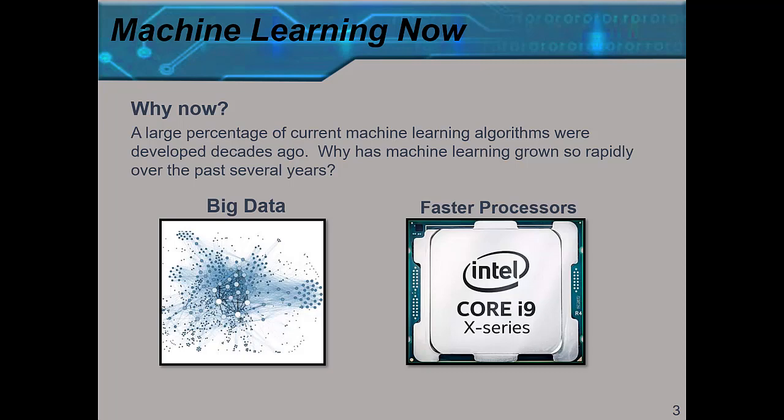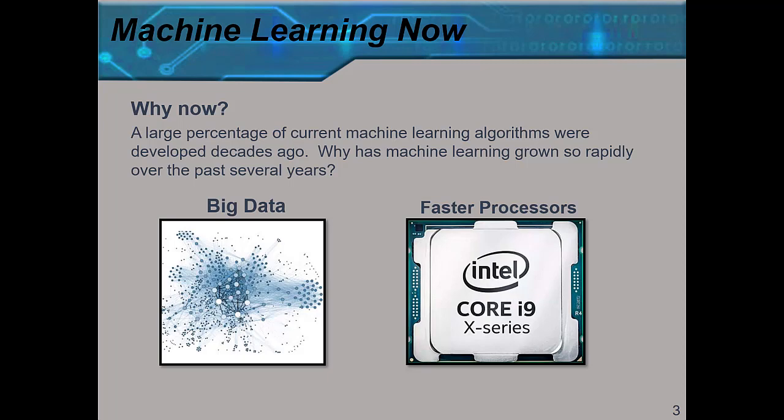And along with that data, you can't process that much data, and some of these algorithms are extremely computationally intensive. You can't do that without faster processors. Once we started seeing the processors get to multiple cores, a handful of years ago, probably more like 10 years ago, things started progressing to where they could run some of the algorithms, and as time has moved on, those algorithms have become more and more complex, and the processors have been developed that can keep up with that.